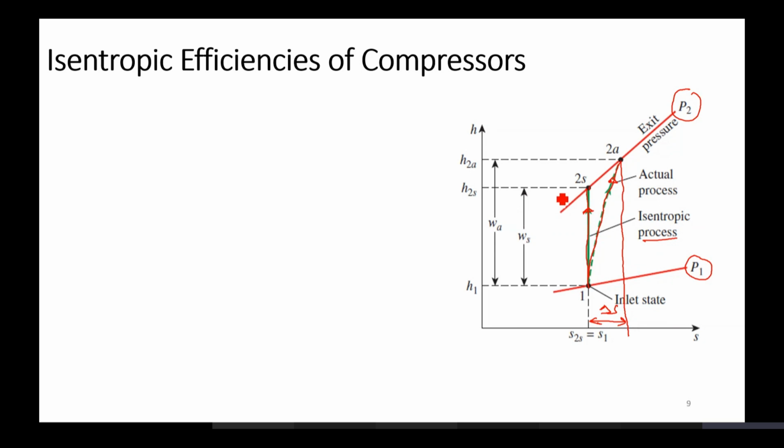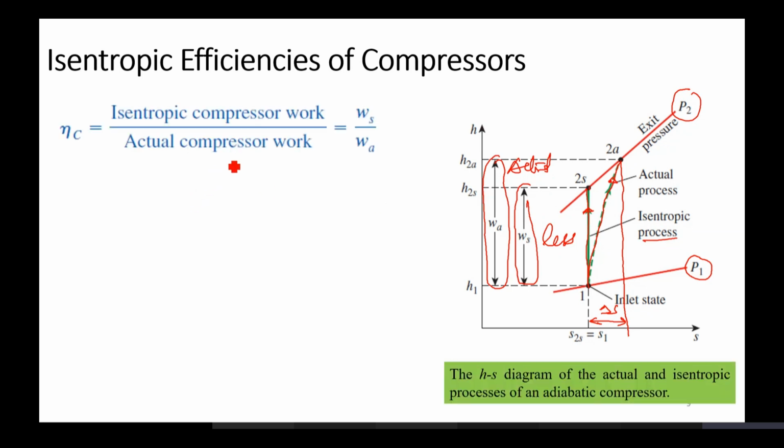In compressor, since you have to provide work, the isentropic work would be less as compared to the actual work. This is actual. In that case, the isentropic efficiency would be actual compressor work, which is more, with reference to the isentropic compressor work, which is less. So this would exactly be the opposite.